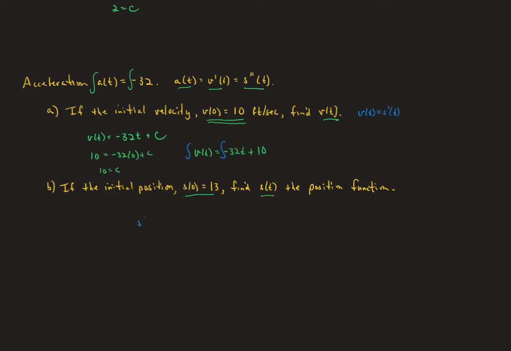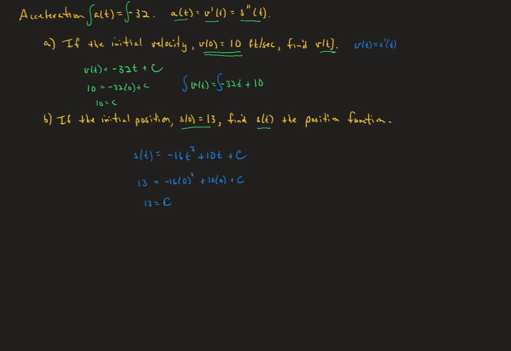So integrating that will give us s of t, and integrating the negative 32t, integrating t is going to be t squared over 2, so that's going to be negative 16t squared plus 10t plus our constant of integration. We'll plug in 13 for the position when the time is 0, and that will tell us that c is 13, and that means that our position function is going to be negative 16t squared plus 10t plus 13.